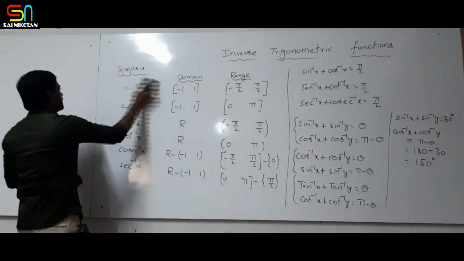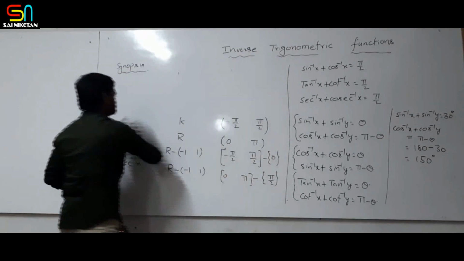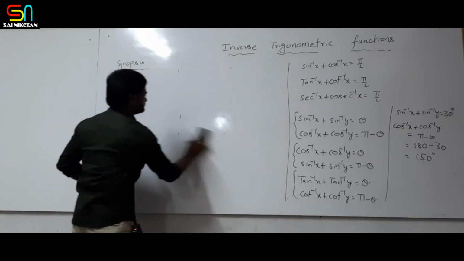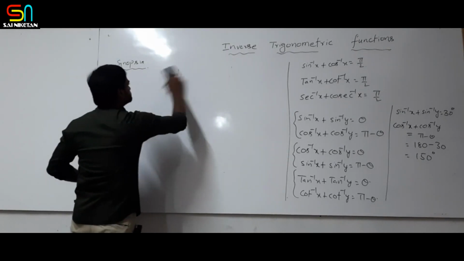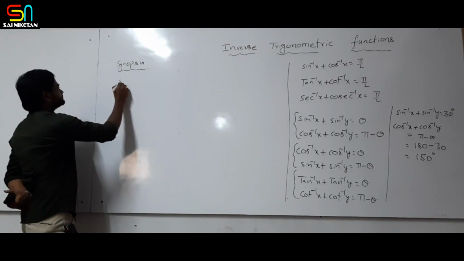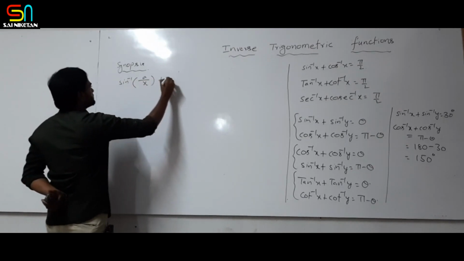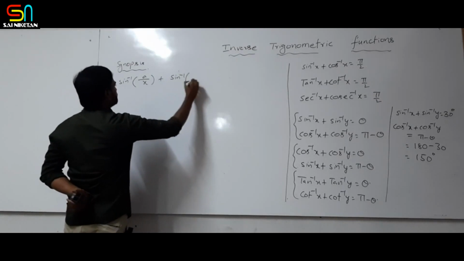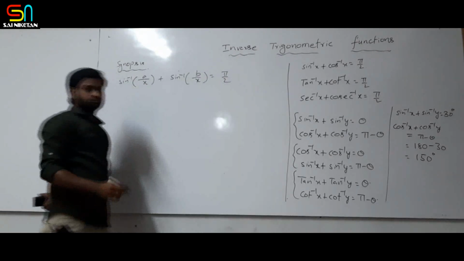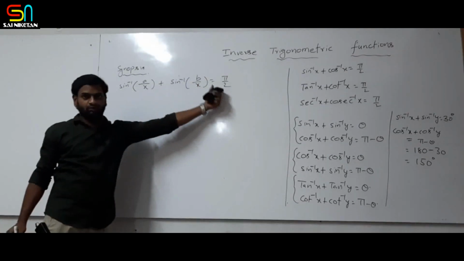Now see all the formulas. Suppose I am taking sin inverse of a by x plus sin inverse of b by x equal to 5 by 2.